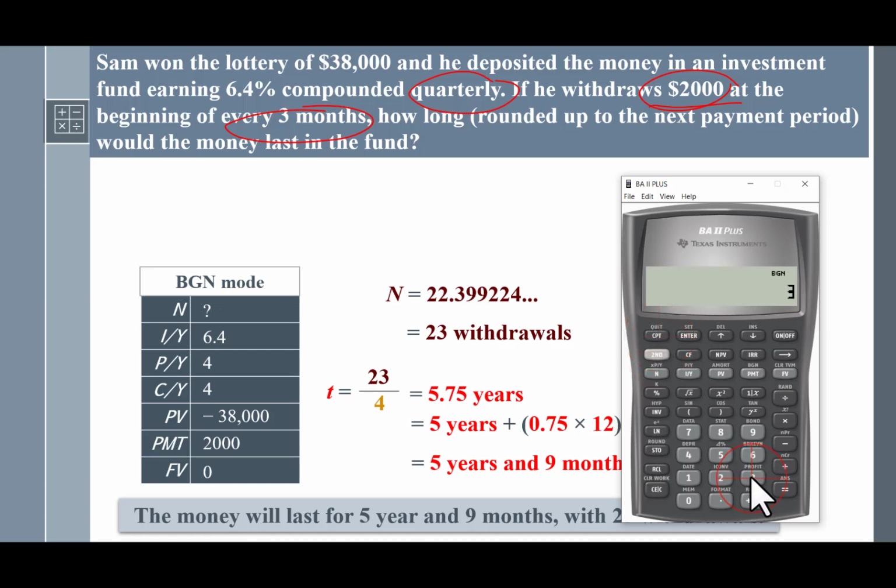Present value is 38,000, the amount of the lottery that you won and deposited. Withdrawal of 2,000 till there is no money in the account. How long is it going to take? We're going to press CPT N. And you will see that it is 22.39922, rounding up to 23, and so on, dividing by 4, multiplying by 12 the decimal to figure out the number of months, and the answer will be 5 years, 9 months.